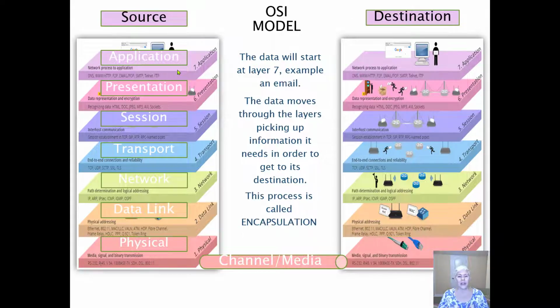As the data moves down each layer, a process called encapsulation happens. That is the process that as the data moves to another layer, it gets wrapped up with some information that will be needed as it moves down the layers and then across the channel and over to the destination side.